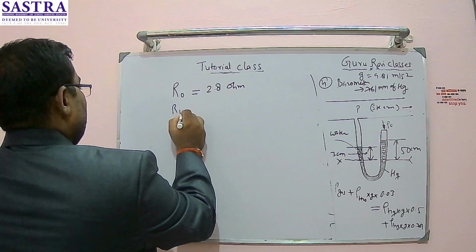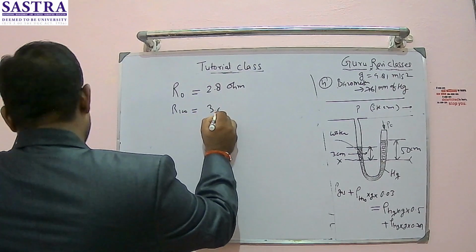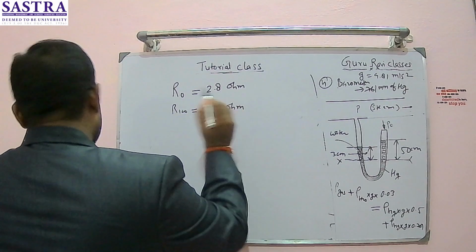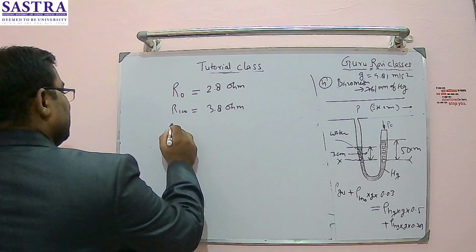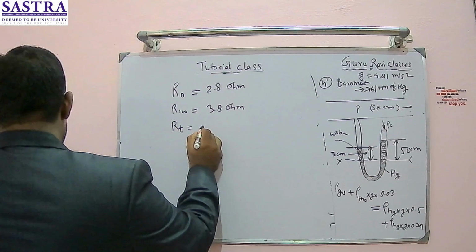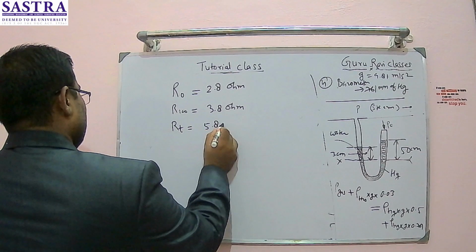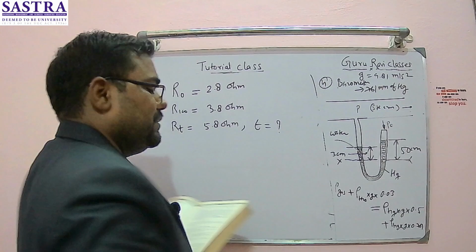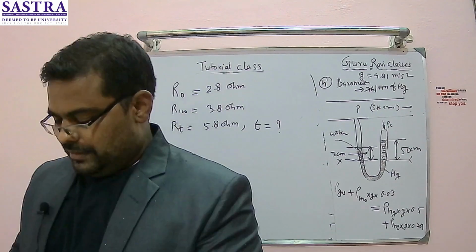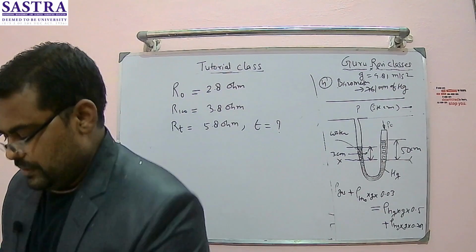So R100 is given as 3.8 ohm. Calculate the temperature when the resistance indicated, RT, is 5.8 ohm. We need to calculate the corresponding temperature for the platinum resistance thermometer.